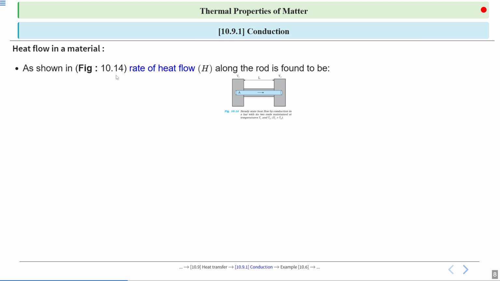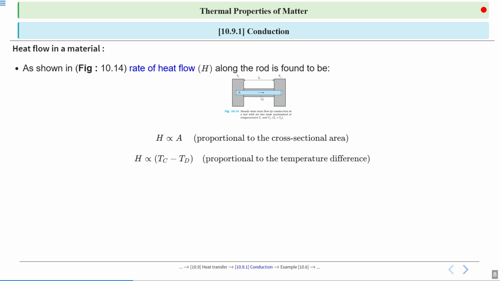As shown in figure 10.14, the rate of heat flow H along the rod is found to be, first, directly proportional to the area of cross section. A represents the cross-sectional area. So H is directly proportional to A. Second, the rate of heat flow is directly proportional to the temperature difference.